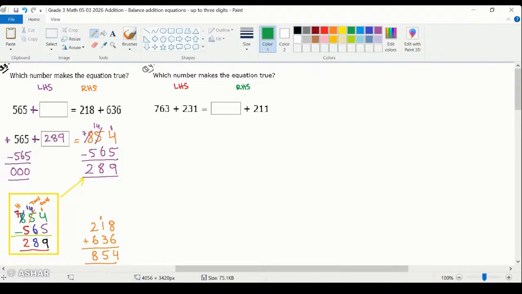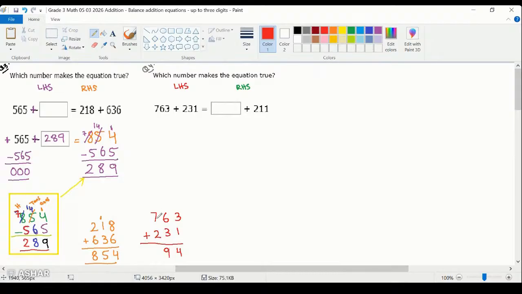If we add 763 to 231, so can we say 763 is added to 231? There are 3 ones and 1 ones. 3 plus 1 is 4. 6 plus 3, 7, 8, 9.